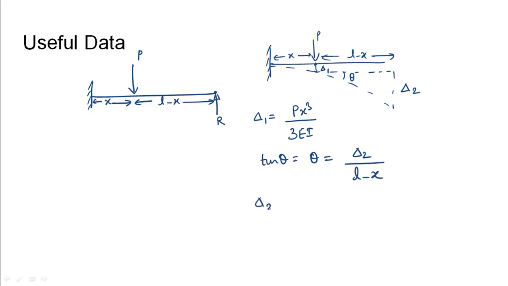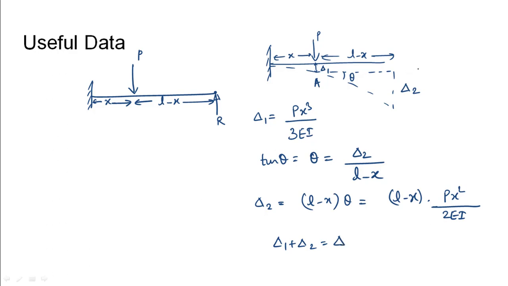So delta 2 can be written as L minus x into theta, which can be expressed as L minus x into Px square by 2EI, which will be the slope at this point, that is A. So adding delta 1 and delta 2, we can get the total deflection of the beam at the free end.